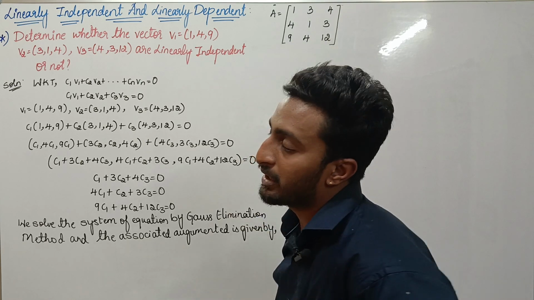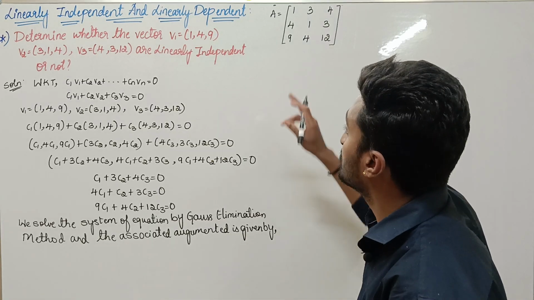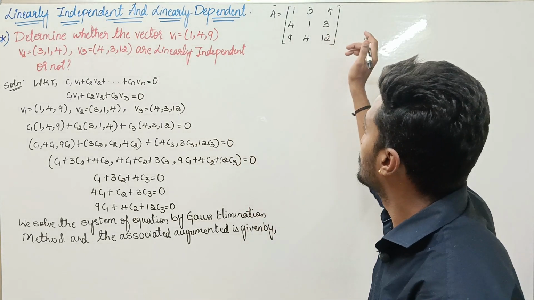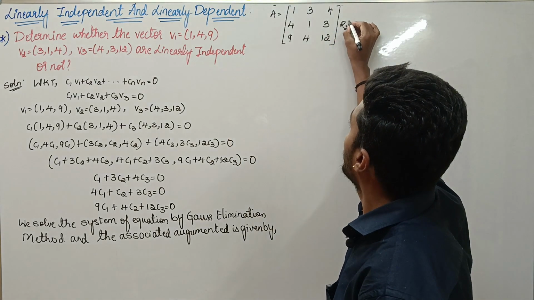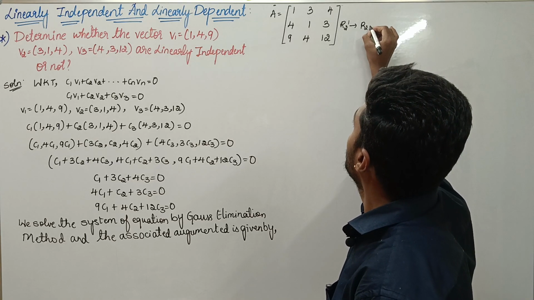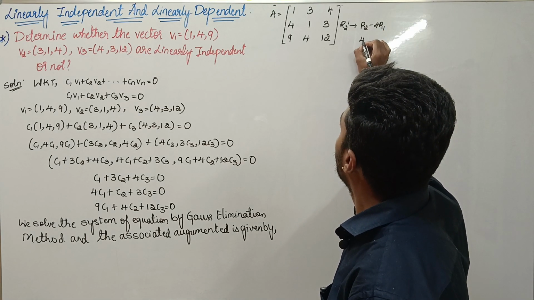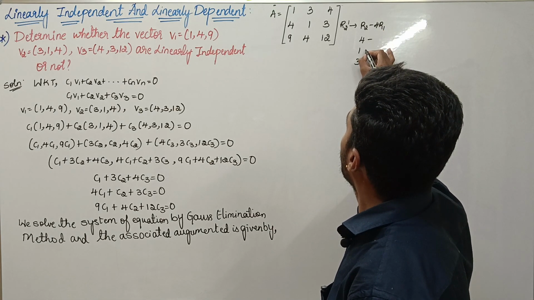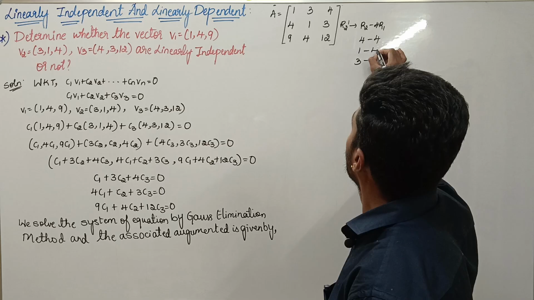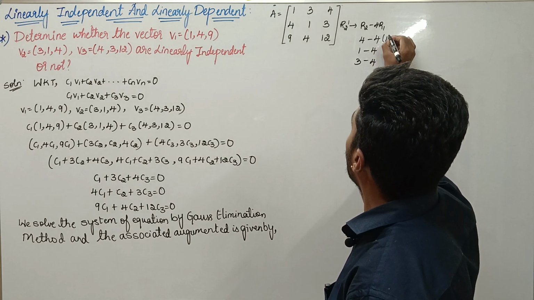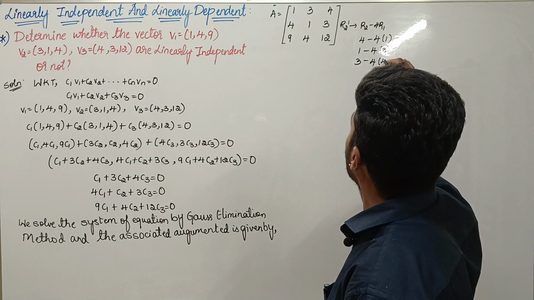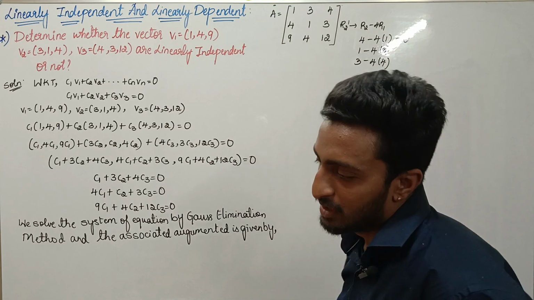Now reduce this matrix into an upper triangular matrix. How? Since the first element is 1, just reduce R2 dash changes to R2 minus 4 times R1. What are we going to get? 4, 1, 3 minus 4, 12, 16... that is, with R1 as 1, 3, 4: 4 minus 4 is 0.